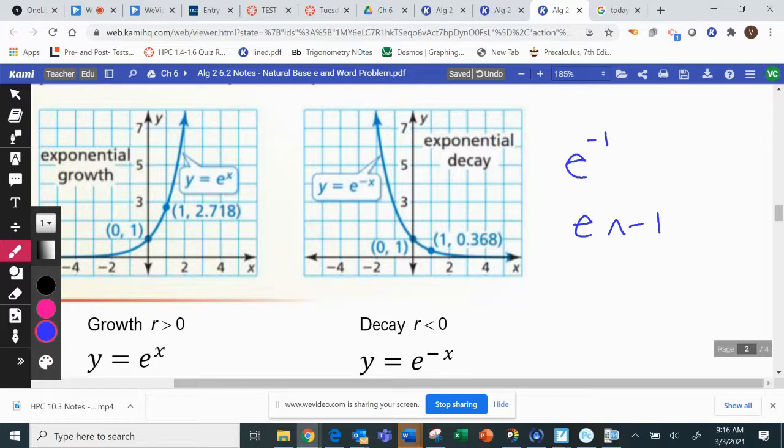It's very special, magical. By the way, e to the -1 by using the properties of exponents would be the exact same thing as 1 over e, the reciprocal of e.